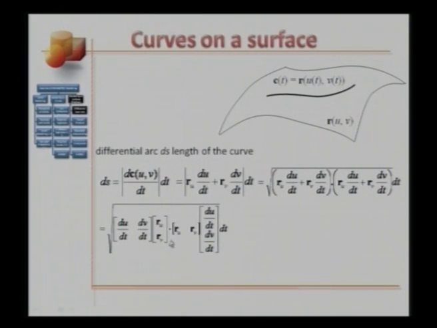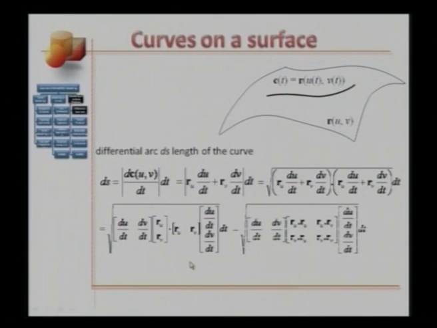I can compute the dot product now. So we have ds equals, within the radical sign, the row matrix du over dt, dv over dt times this 2 by 2 matrix, whose elements are ru dotted with ru, ru dotted with rv, rv dotted with ru, and rv dotted with rv.